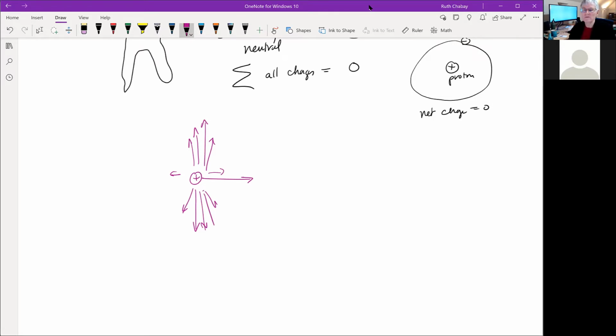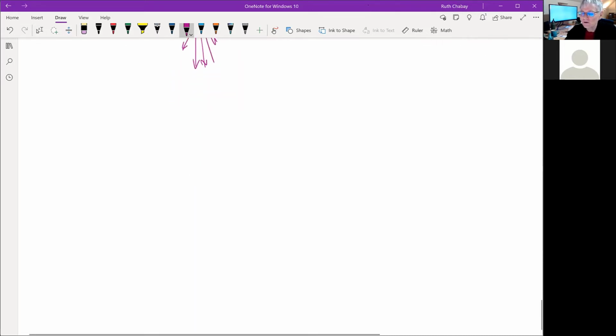And the field of the moving charge is already there too. It's just what the stationary particle actually sees. So here's our stationary particle, and here's our moving particle, moving at speed v this way. We'll call this guy 1 and that guy 2.